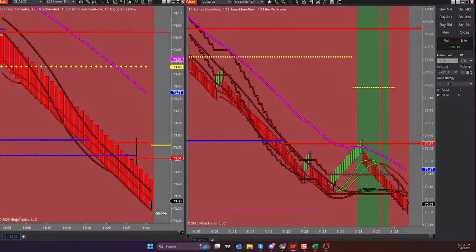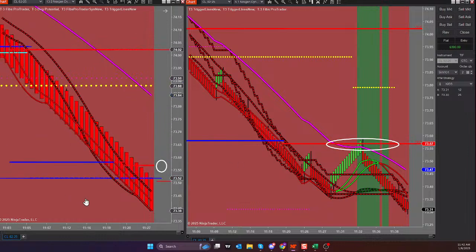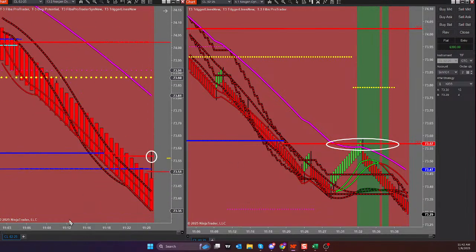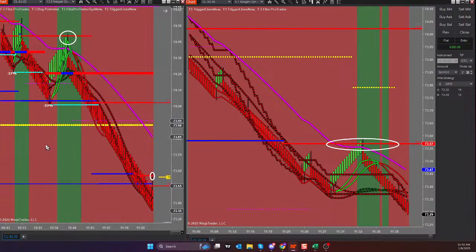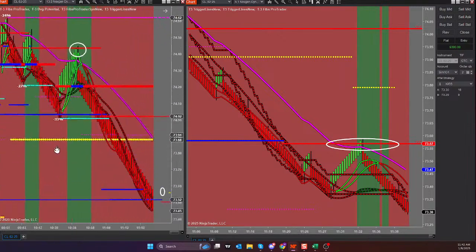Look where they pulled back to continue. They pulled right back to that key number. And that's where they headed down. And it just happened to line up with a mid-band and a fib over here. This is freaking amazing to me. And I'm not that easy to impress.